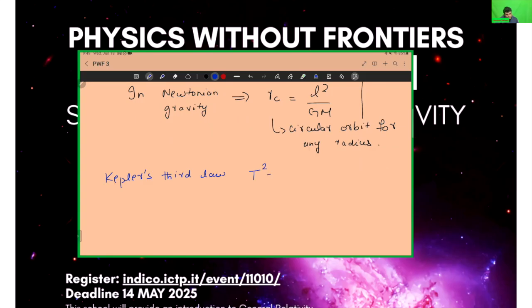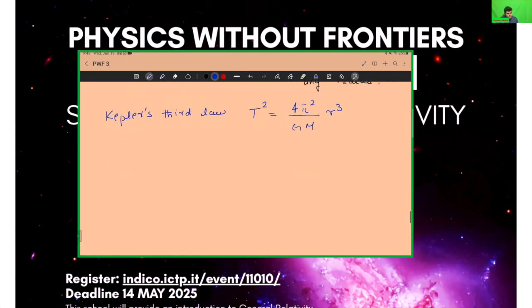Kepler's third law says that the time period for a particular circular orbit, well, it's not just for circular orbits, but let's constrain ourselves to circular orbits right now, is given by this relation, right? Can you get this law from general relativity? Well, yes, you can. Let's see if that's easy to derive.